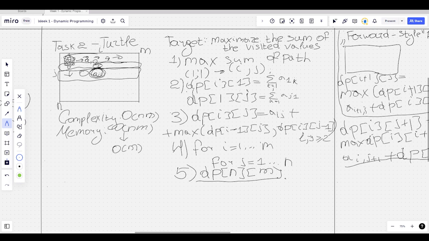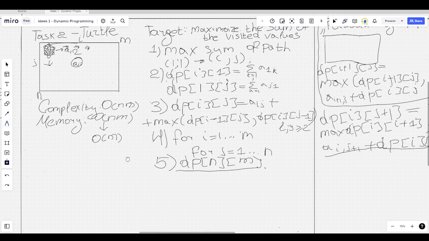So the memory can be improved to O(m). Let's move on to the next task.